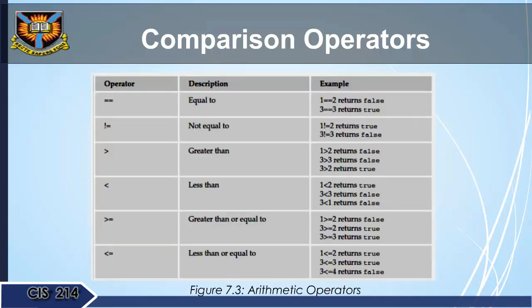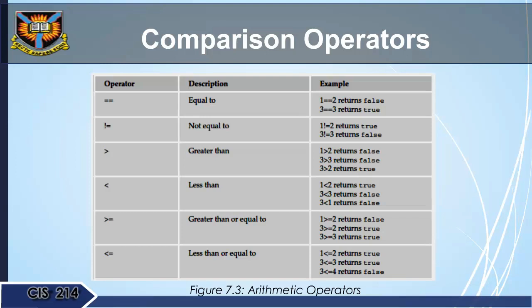Figure 7.3, comparison operators. Operator, description, example. Equal to. 1 equal to 2 returns false. 3 equal to 3 returns true. Not equal to. 1 not equal to 2 returns true. 3 not equal to 3 returns false.